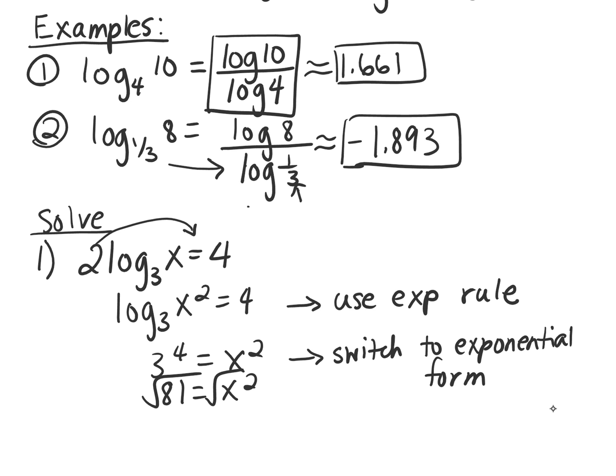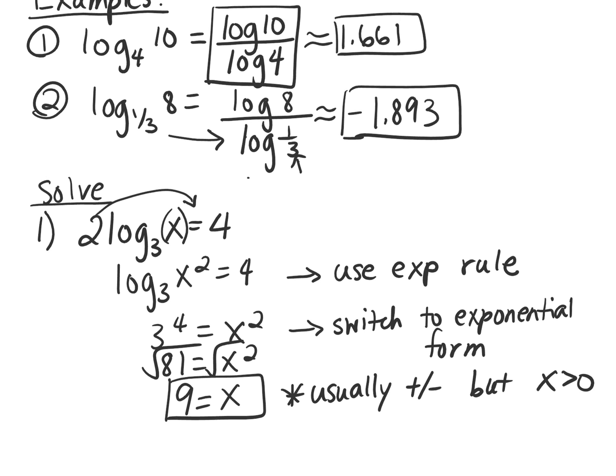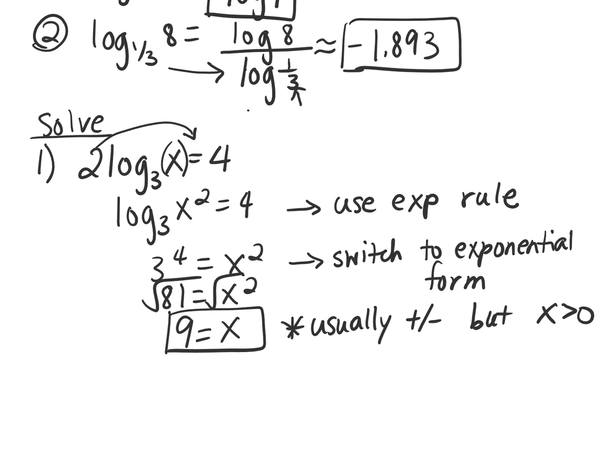If you take the square root, normally you would do plus or minus. But remember we had talked about that inside of the logarithm has to be positive. And you can check this in the calculator. If you change your base, you could do log 9 divided by log 3 and see if that comes out to be equal to 4.